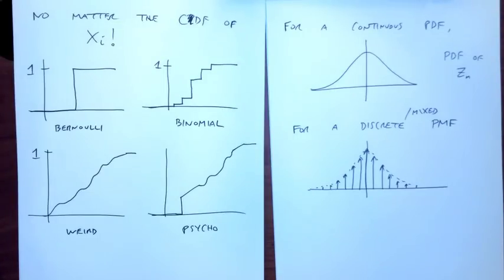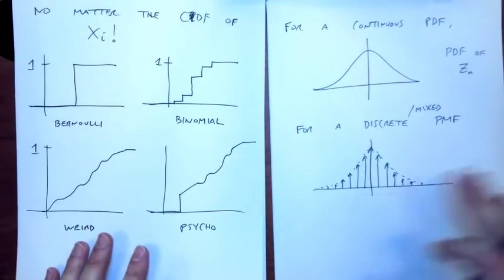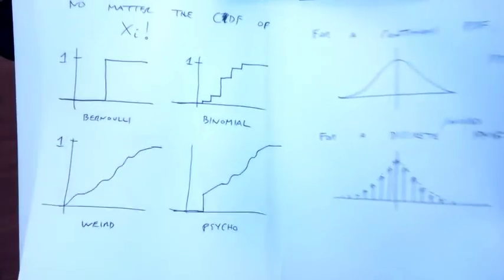So what does this mean? This means that now, when we're dealing with the sum of a lot of random variables, we can really get away with only thinking about Gaussians, right?